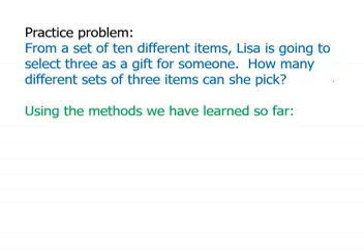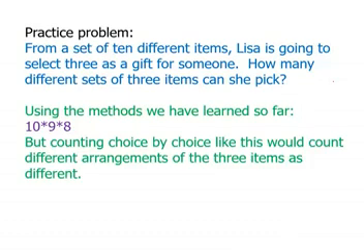So using what we've learned so far, the fundamental counting principle, there are 10 choices for the first gift, 9 choices for the second gift, 8 choices for the third gift, but that would count all the possible orders, and we don't care about orders.